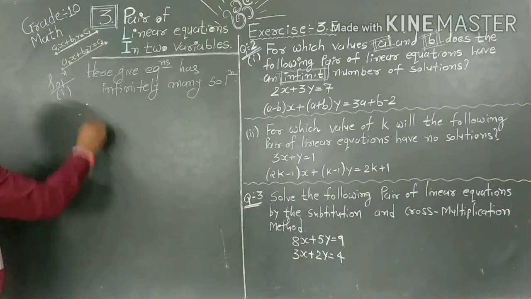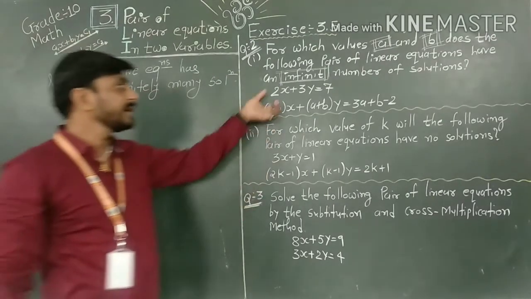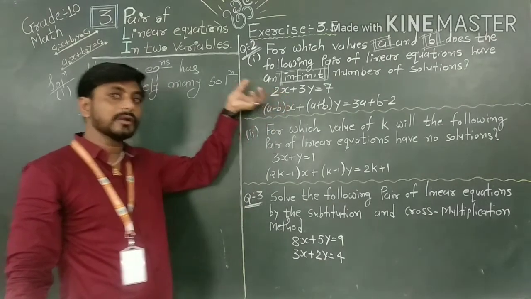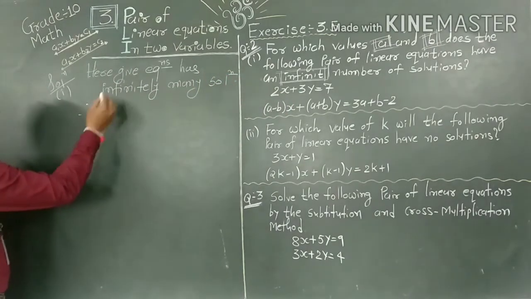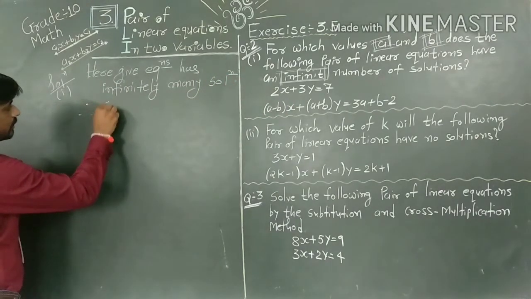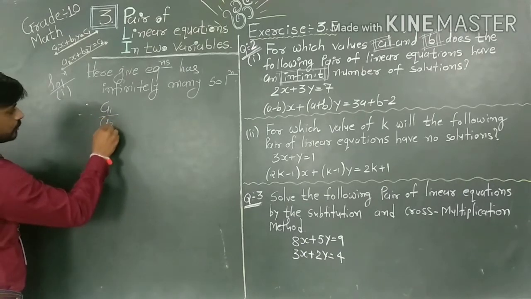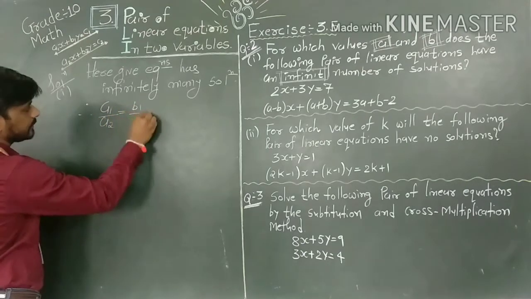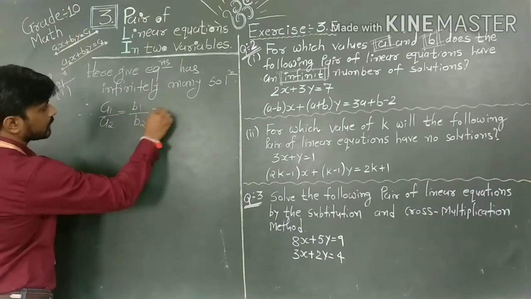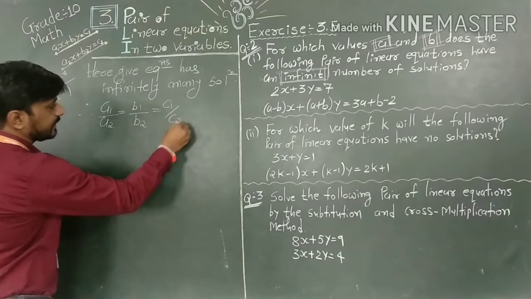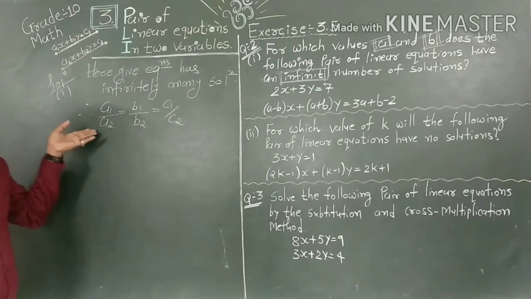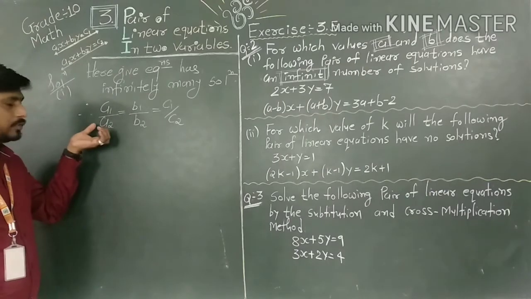Therefore I write the condition for infinitely many solutions. As you all know, the condition is a1 upon a2 is equal to b1 upon b2 is equal to c1 upon c2. This is the condition for infinitely many solutions.